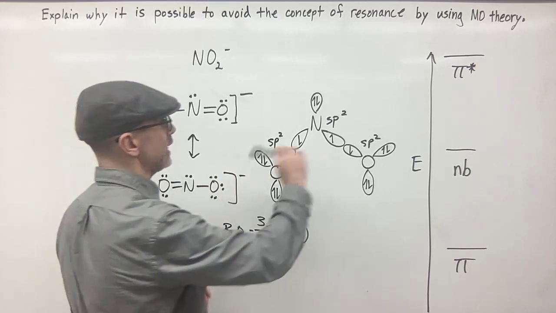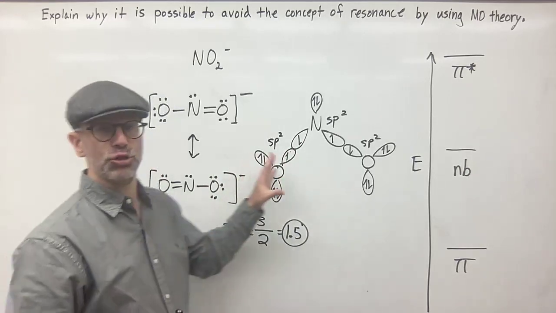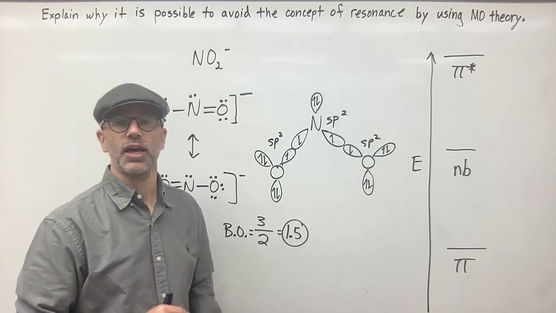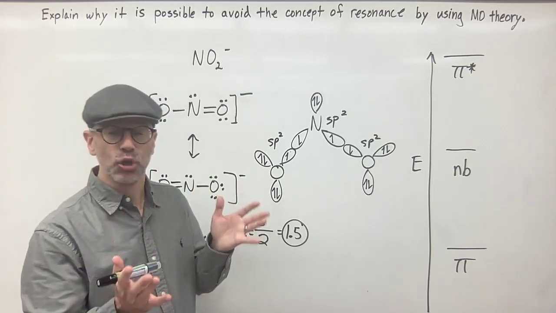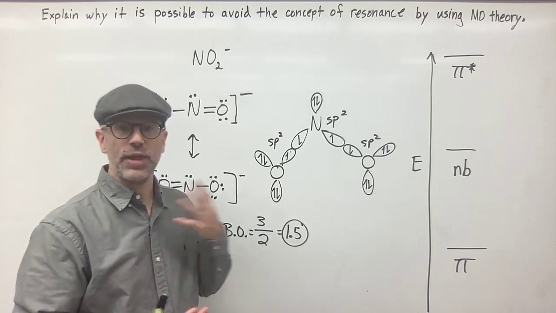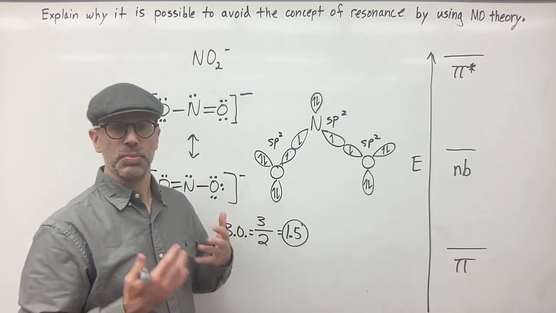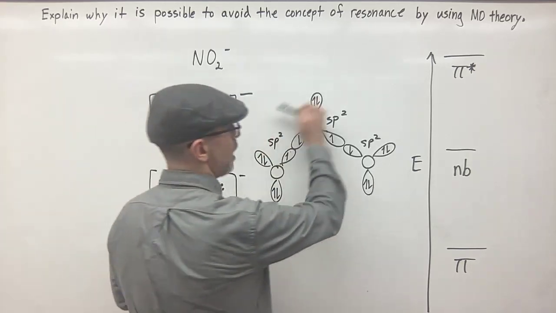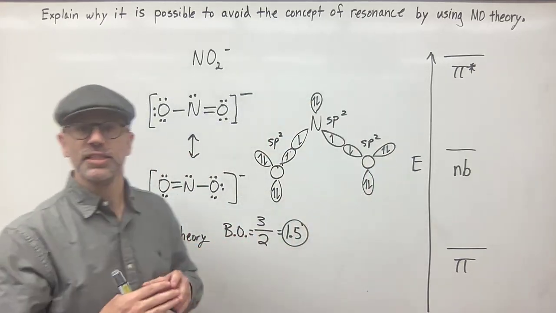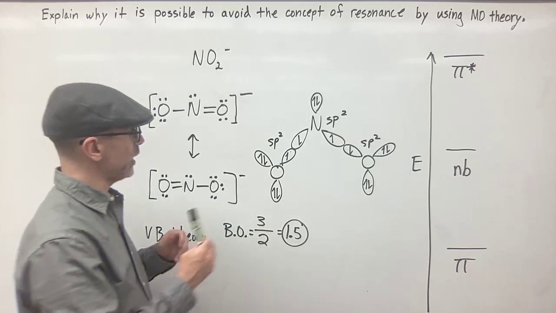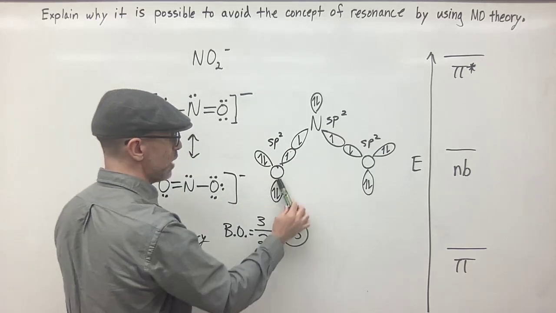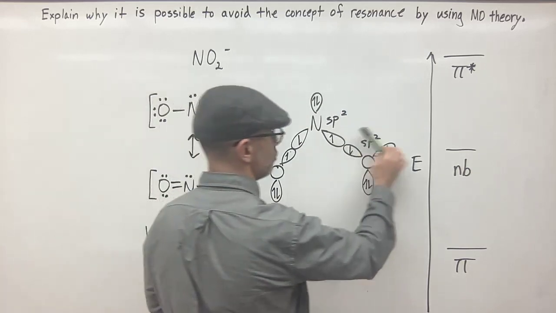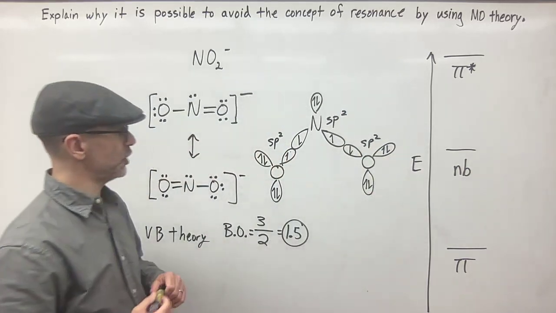So here we know that NO2 minus has a trigonal planar structure. The bond angles are close to 120 degrees, so that indicates sp2 hybridization. So you can use the hybridization model to explain the sigma bonding, right?